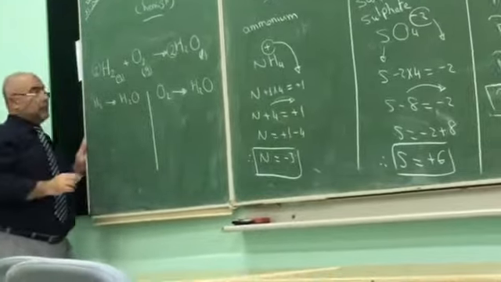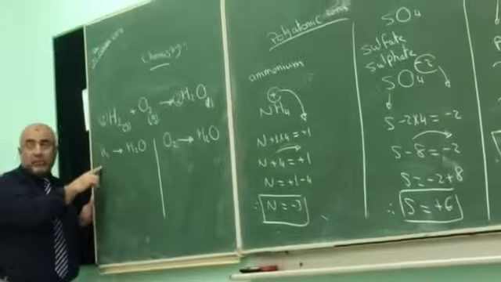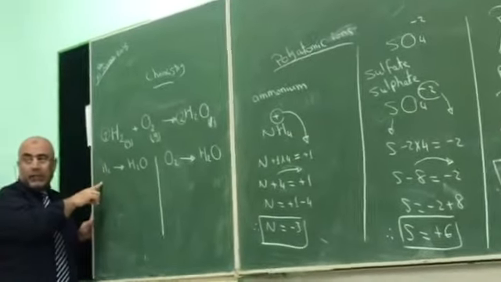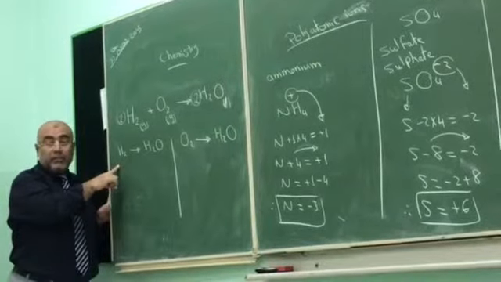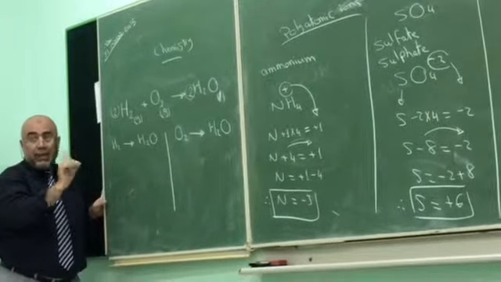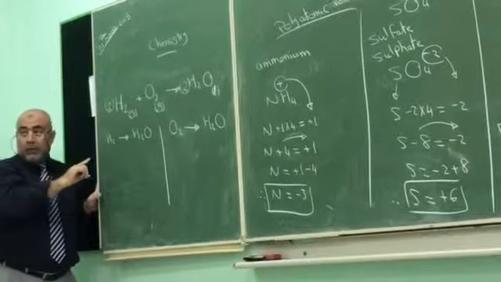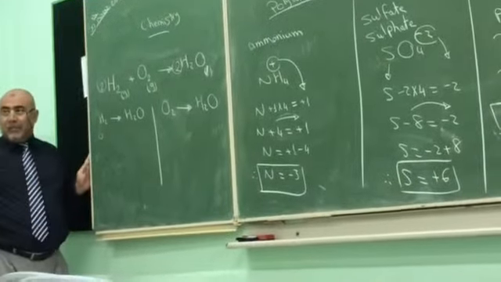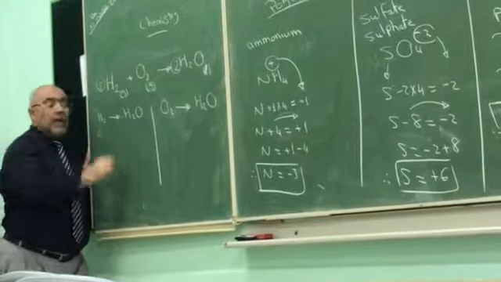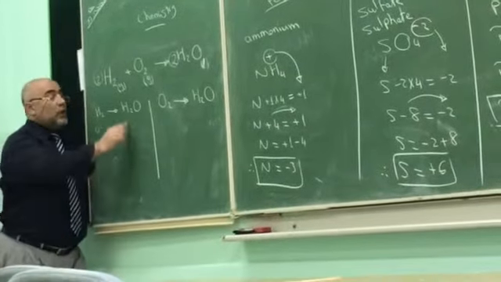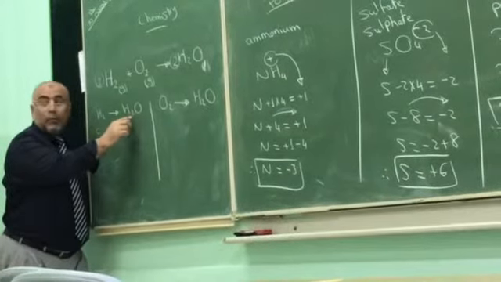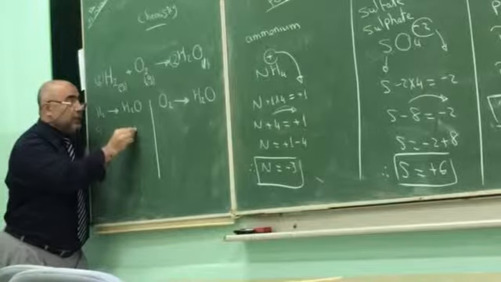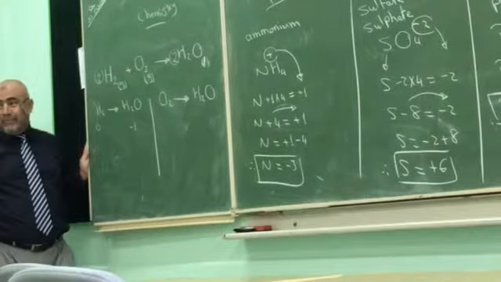One by one now. The oxidation number of any element in its molecule equals 0. When you check hydrogen with oxygen in water, is it negative or positive? We did this one before.